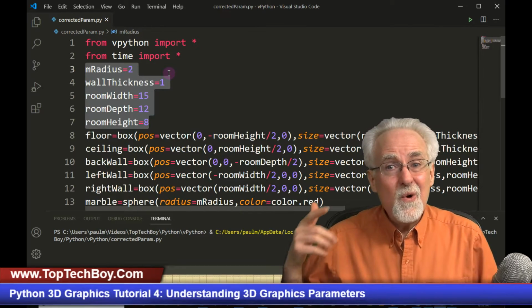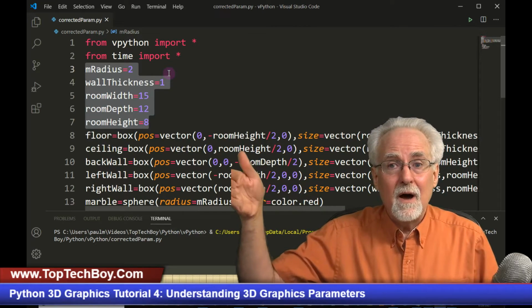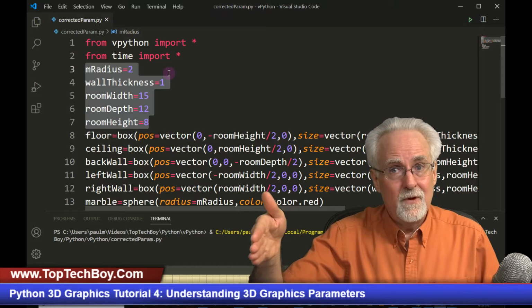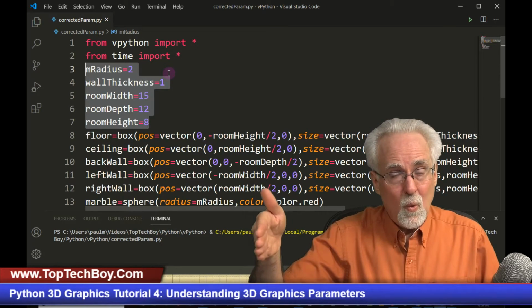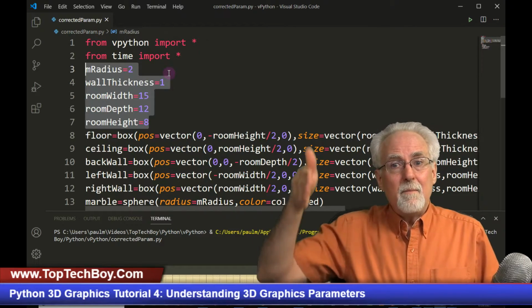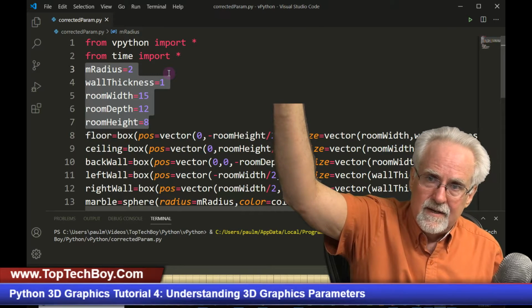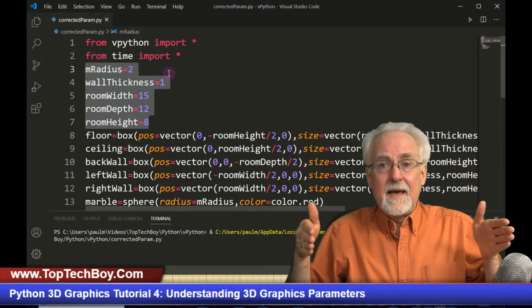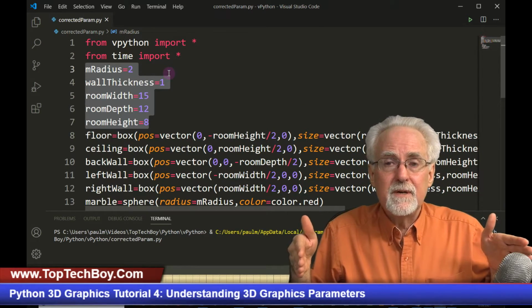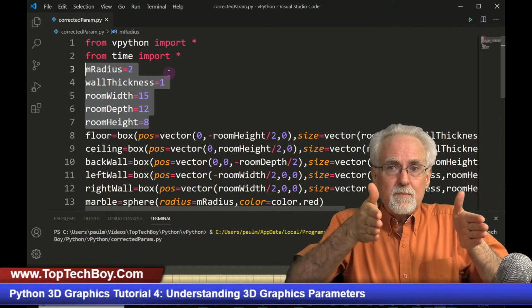Okay, now notice I did not make a parameter of the position of the wall. Why did I not make a parameter of the position of the wall? Because the position of the wall needs to be at the edge of the ceiling. Okay, and if I made a separate parameter for the position of the wall, I could change the dimension of the ceiling.